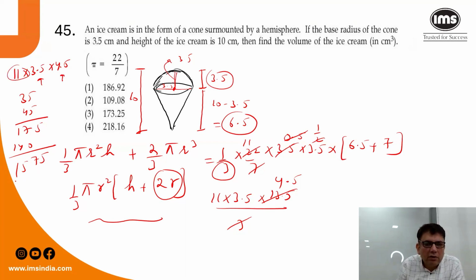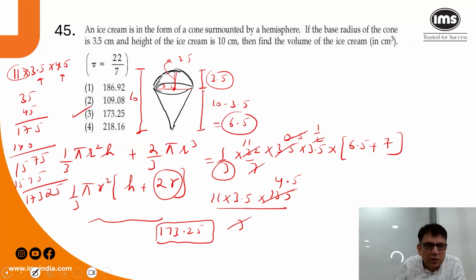Let me multiply this by 11 first. So it's 1575 times 11, and I get 17325, and 2 decimal points. So finally 173.25. This is my answer. Third option is the correct answer.